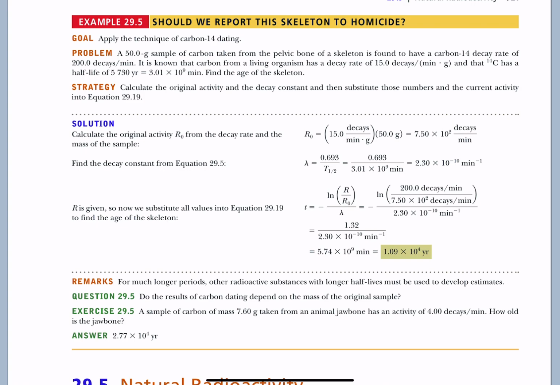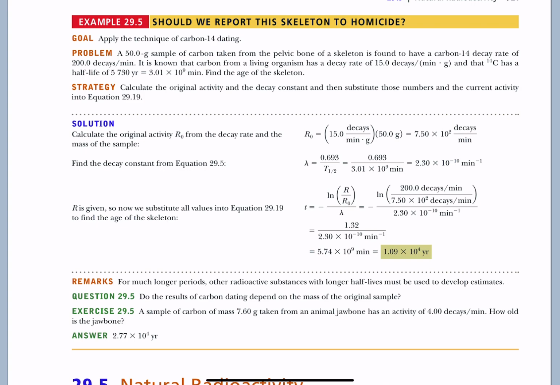So in this problem, you'll notice that we have our 50 decays per minute per gram as being a measurement of carbon-14 in a 50 gram sample. And we convert that into Ks per minute.